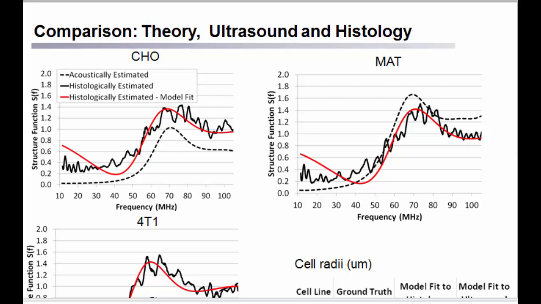And this is what you see in red. Then we do the same thing for MAD, another cell line, and third cell line, 41. What we have seen so far with the 3 cell lines are that they have similar frequency dependent behavior, but their magnitudes are not in good agreement. The positions of the peak are in good agreement, actually.